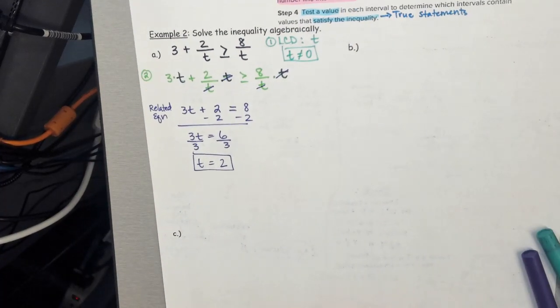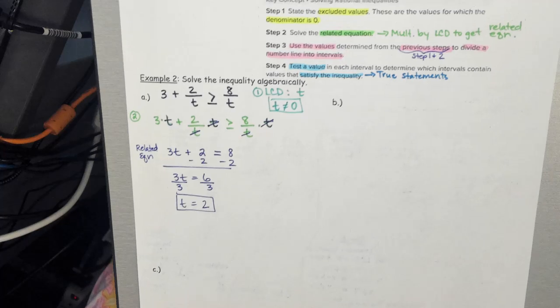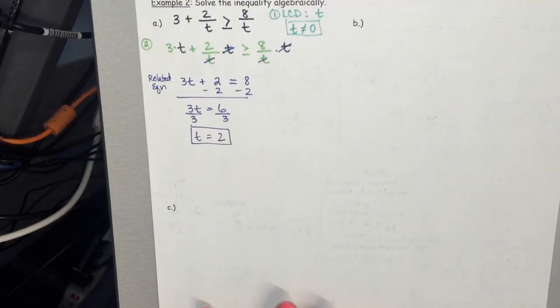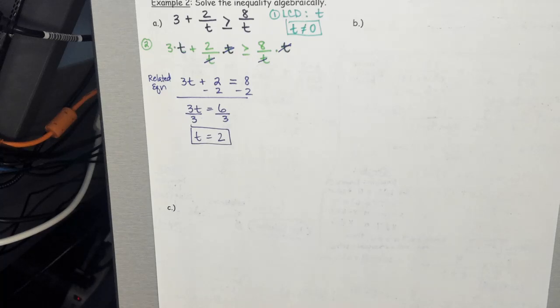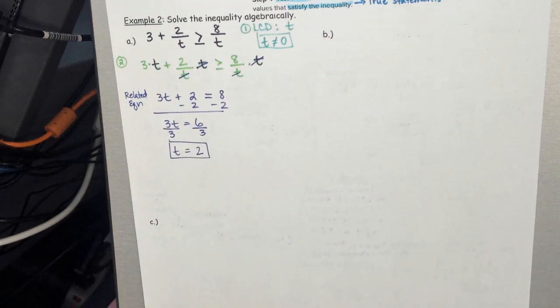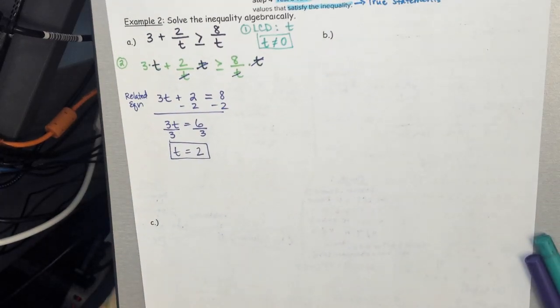So the related equation is always formed by multiplying by the LCD. When you're solving an inequality, it is the same steps as solving an equation. So if you left it as the inequality there, that wouldn't be a big change.